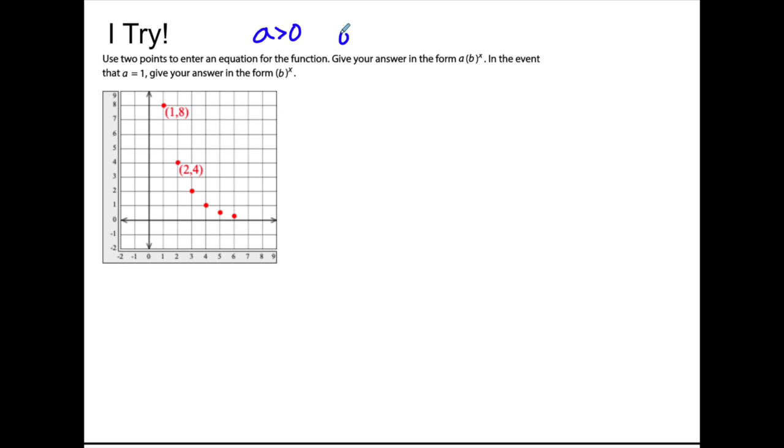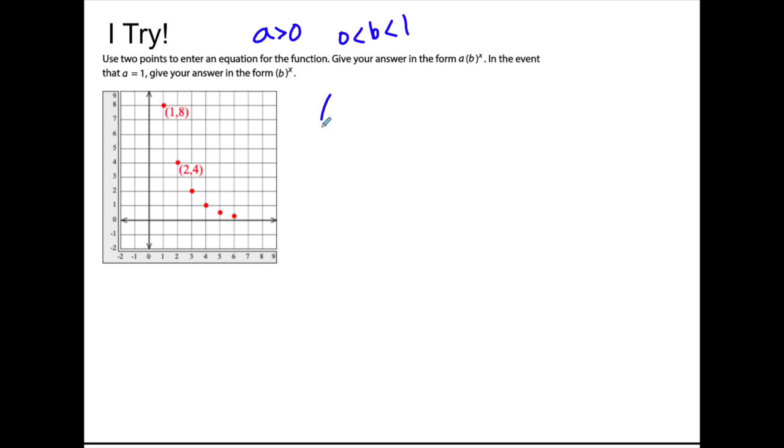So I'm going to expect my b to probably be a number between 0 and 1. That is probably to be a fraction. So by looking at the graph, you start to build some insight that's going to help you, because then when you come up with your answer, that will tell you whether your answer makes sense.